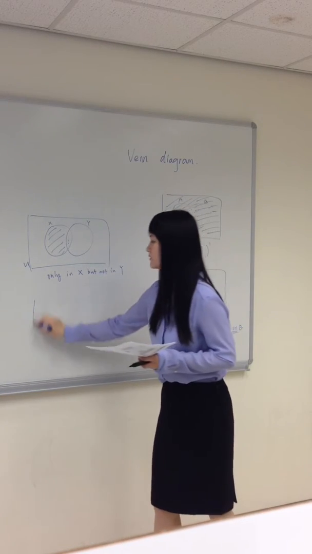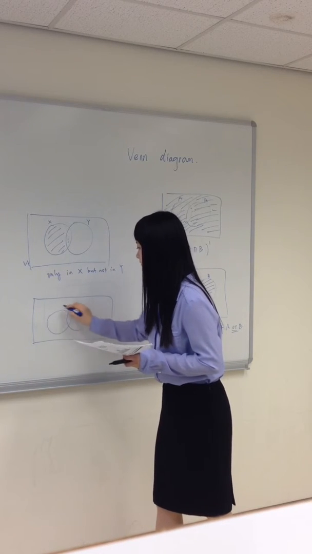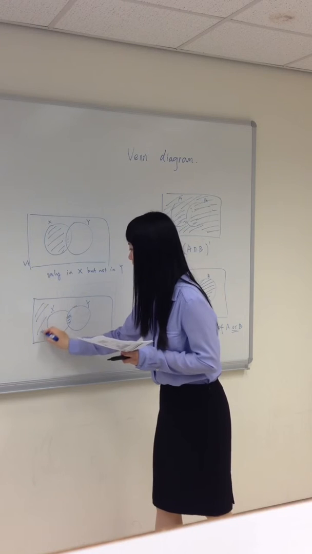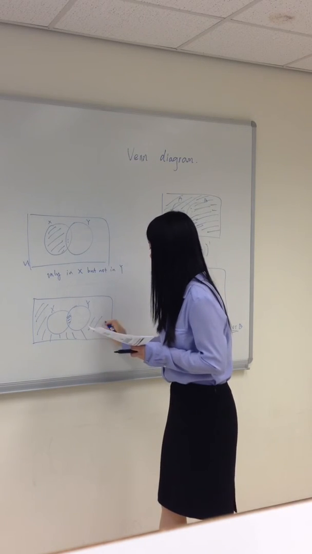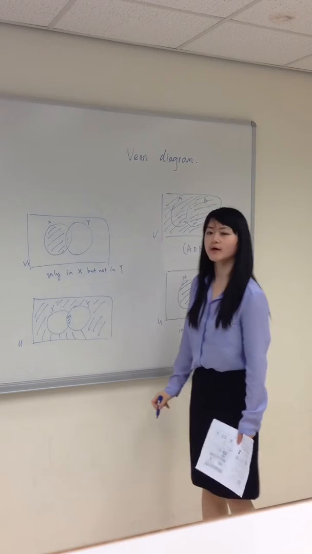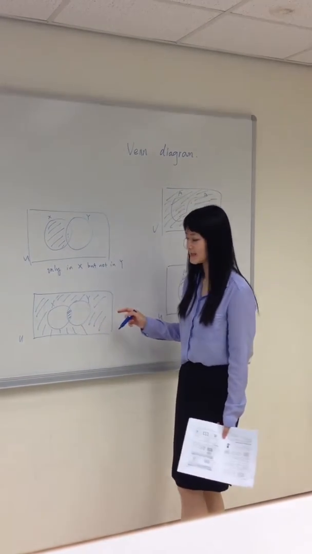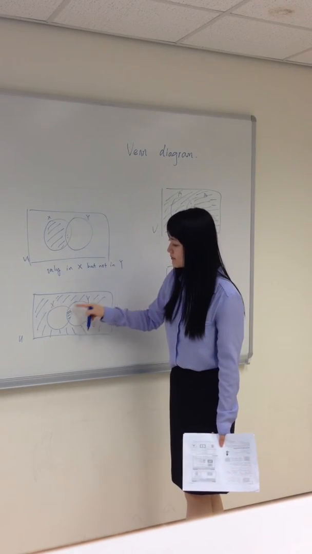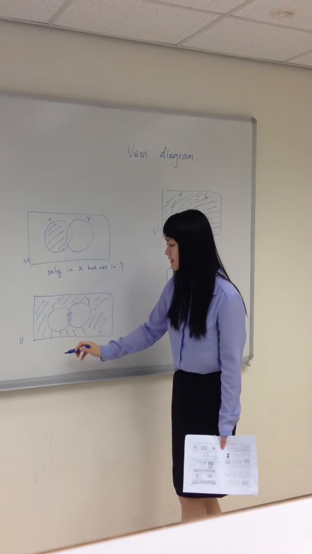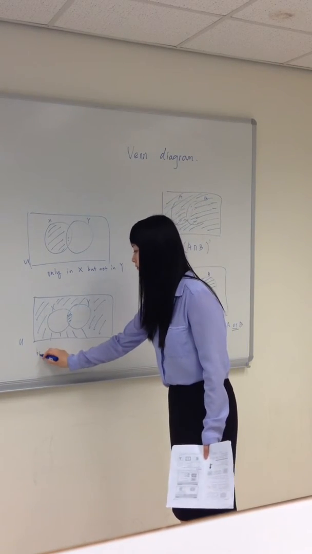Okay, the second one, how to describe this in words? This part would be a little bit complicated. We can describe it one by one. There are two areas. This area is both in X and Y, right?